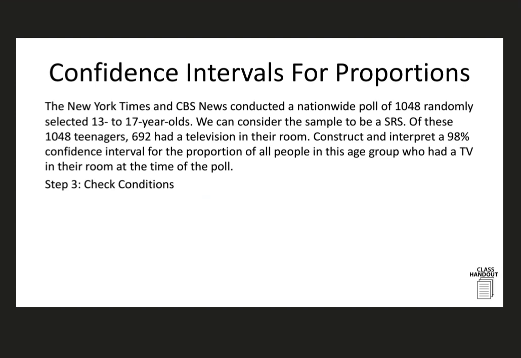All right, in step two, we're going to define our parameter. Essentially what we're saying is, what are we estimating? What population proportion are we estimating? That's usually given to us in the last sentence. It says we're calculating a confidence interval for the proportion of all people in this age group who had a TV in their room at the time of the poll.